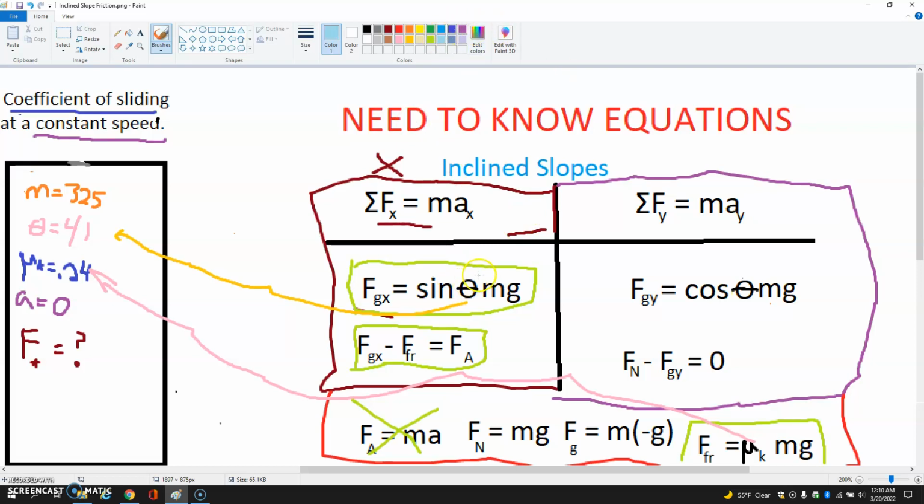I'll save the drawing, but we have the mass. So we have everything for these equations, which is perfect because that's basically the exact amount of givens that was given to us.